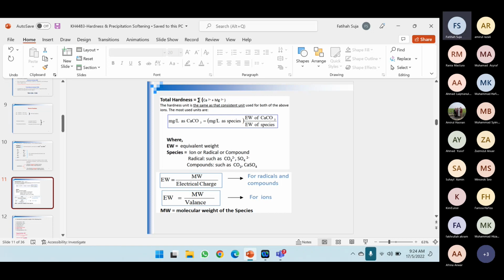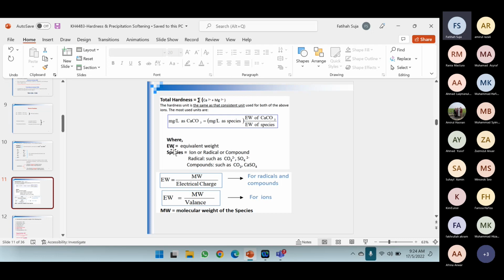The most common unit is milligram per liter as calcium carbonate. So how do you make sure the unit is consistent? Milligram per liter as species, you multiply by the equivalent weight of calcium carbonate divided by the equivalent weight of the species. So this is the formula that you need to remember.